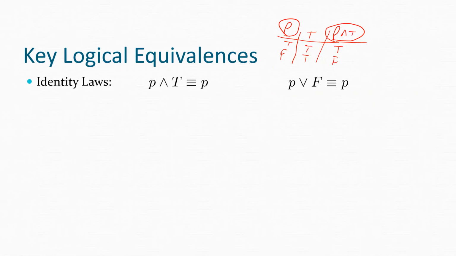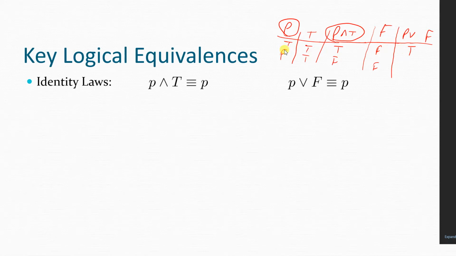Similarly, P or F is equivalent to P. So we can add two more columns here. F means a proposition which is false, that is a contradiction. Now P or F gives us true, false.